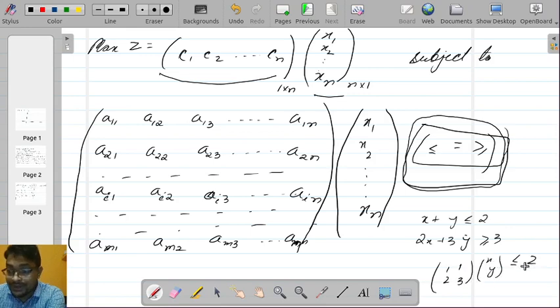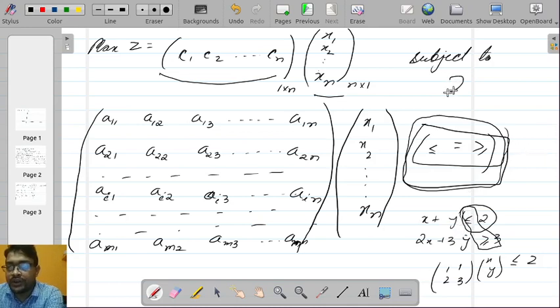So that is incorrect, because the first one is actually less than or equal to, the second one is greater than or equal to. So in order to combine, we have to convert everything to the same symbol, either less than, or greater than, or equal to. Only then can I combine, otherwise we cannot combine.